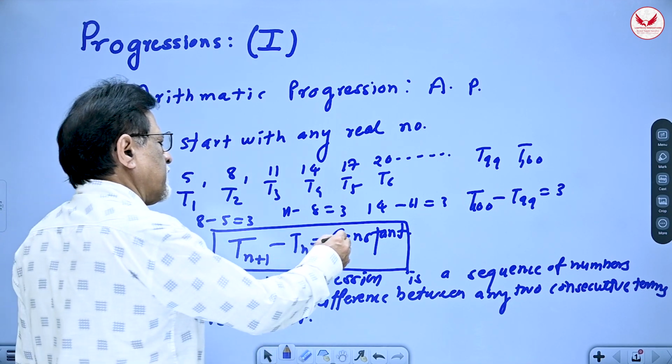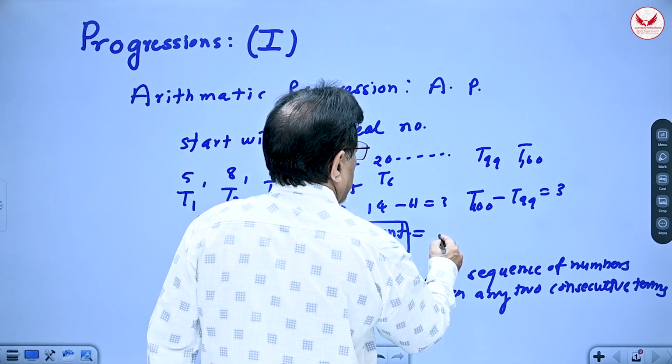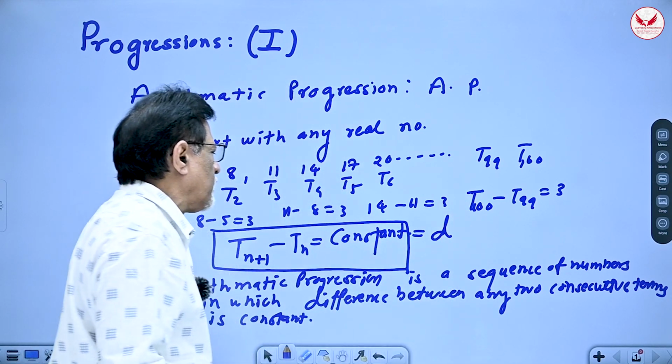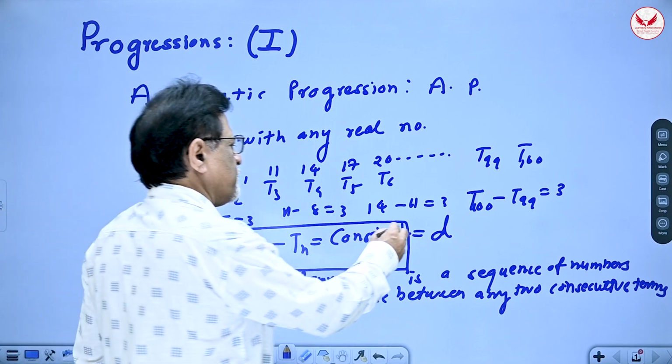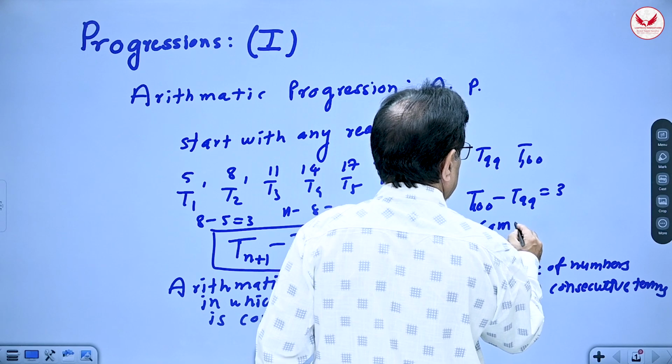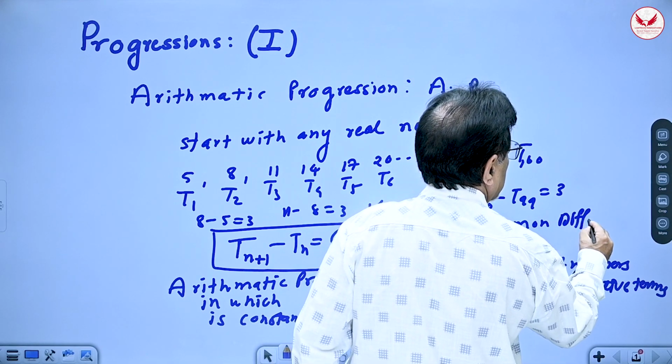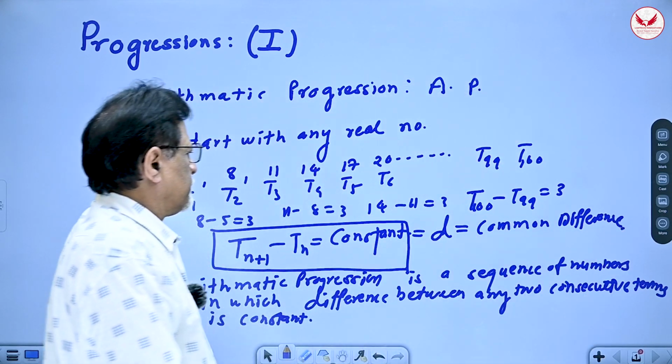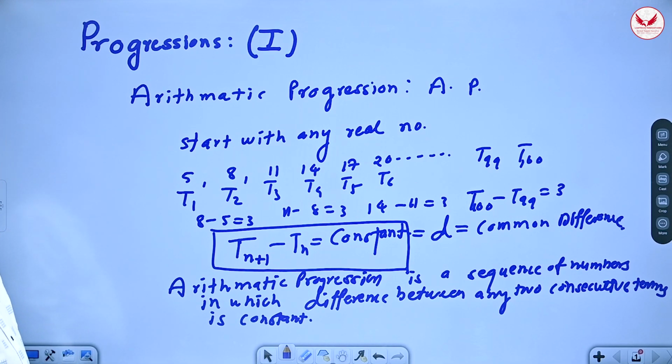Now this constant, we will be denoting it by a letter D, because it is called the common difference. This D is called the common difference. So these are the specialties of arithmetic progression.